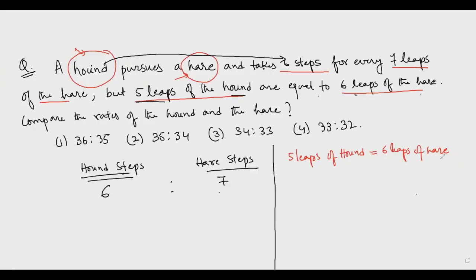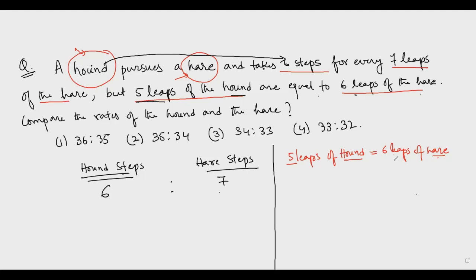That means the distance traveled by hound in 5 leaps is equal to the distance traveled by hare in 6 leaps. The distance covered by hare in 6 leaps and by hound in 5 leaps is the same. Is that okay?